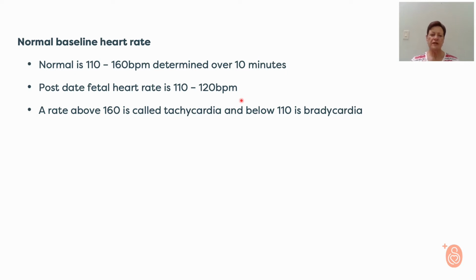What is very important if we have a lower heart rate, and we will come back to that again, is that there should be good variability, and if there are accelerations as well, we're very happy. So a fetal heart rate above 160 is being called tachycardia, and below 110 is being called bradycardia.